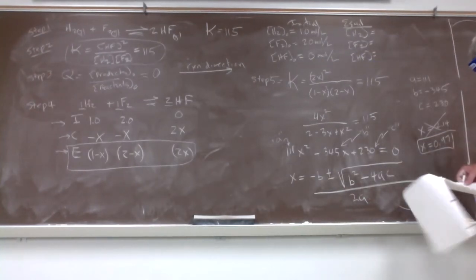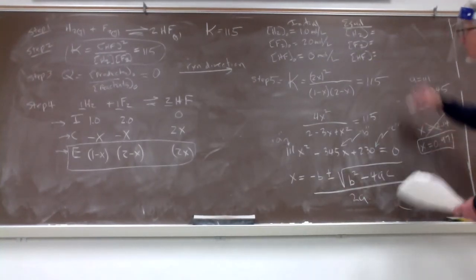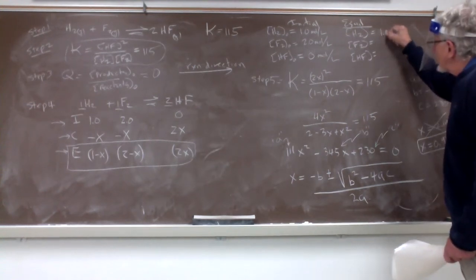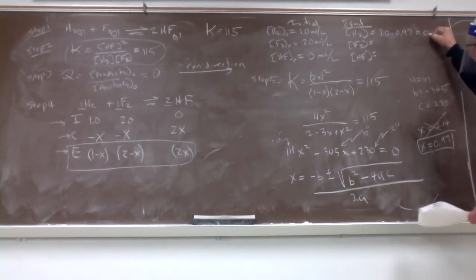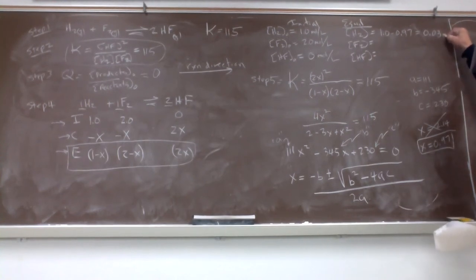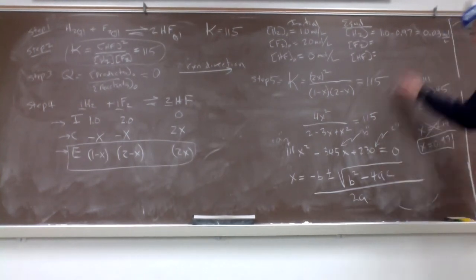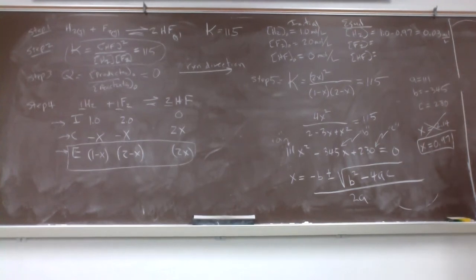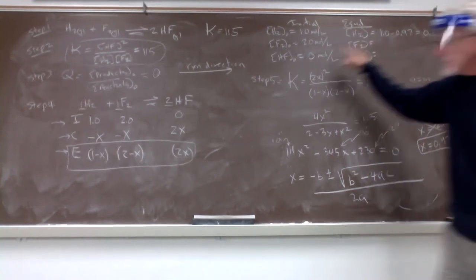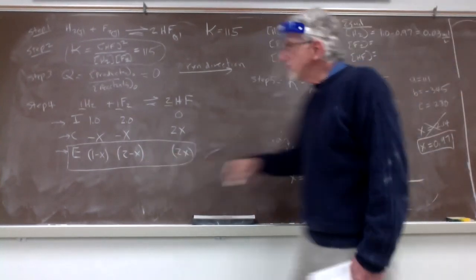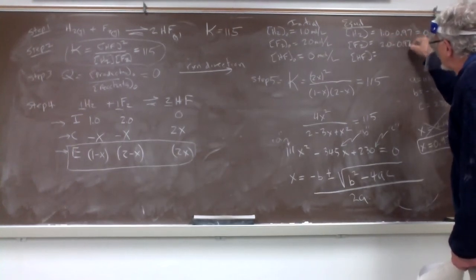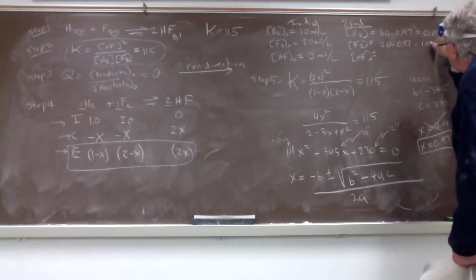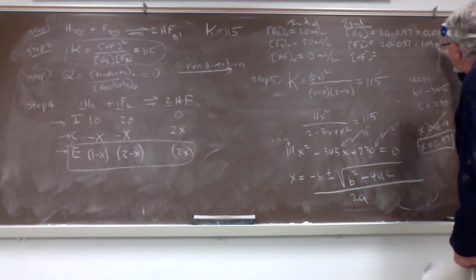And that would be 1.0 minus 0.97, which is 0.03 mole per liter. Fluorine's equilibrium concentration, 2 minus x, 2.0 minus 0.97, which is 1.03 mole per liter.